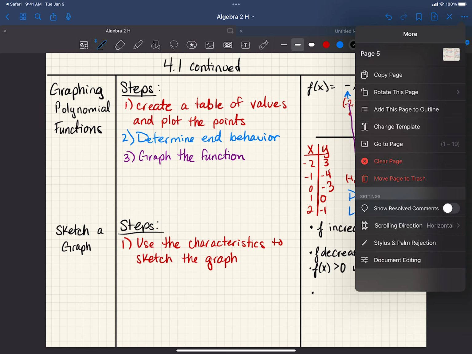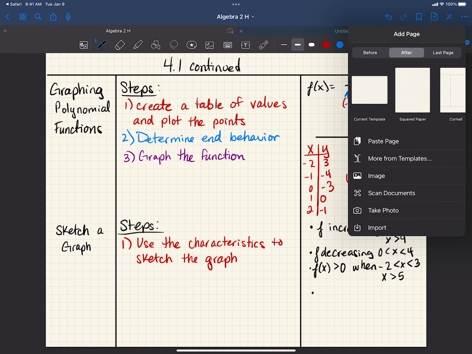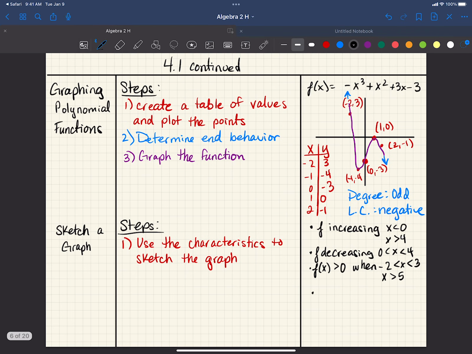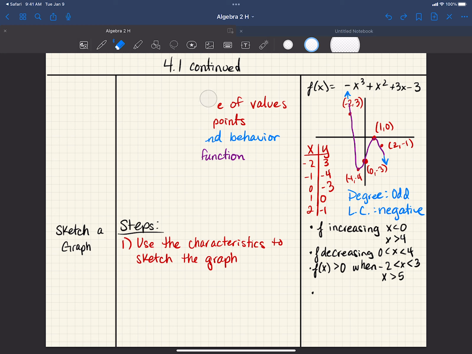I think actually what I'm going to do is kind of fix it over here, because I'm going to need more space for this problem. So I'm just going to kind of fix this up.